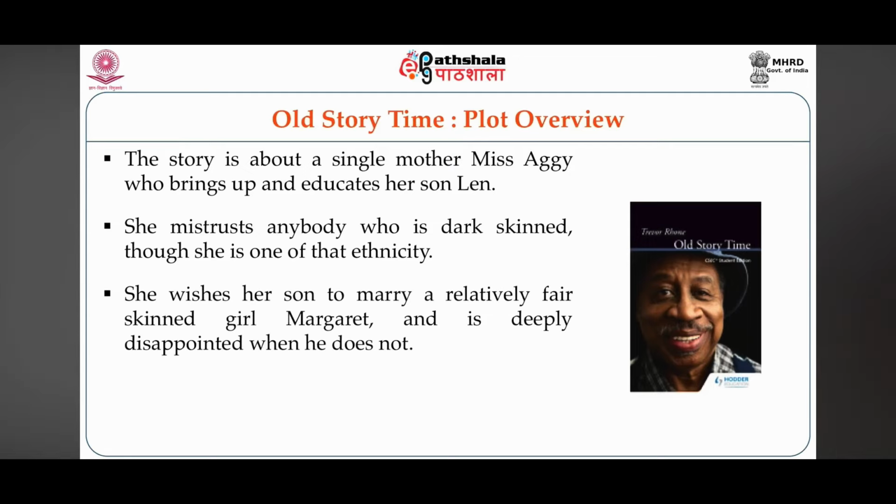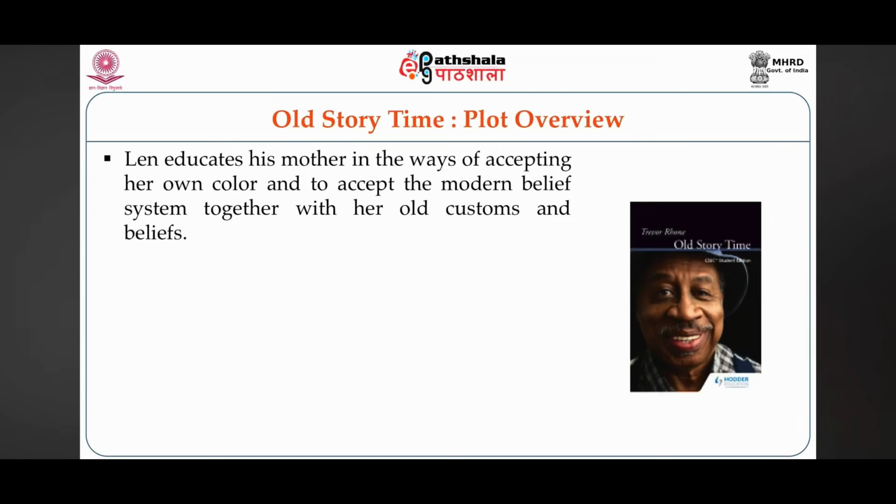Now, she wishes that her son would marry a relatively fair-skinned girl, Margaret, which would give them an entry to the higher echelon of fair-skinned people, and she's deeply disappointed when he does not. Now, Len educates his mother in the ways of accepting her own color and to accept the modern belief system together with her old customs and beliefs.